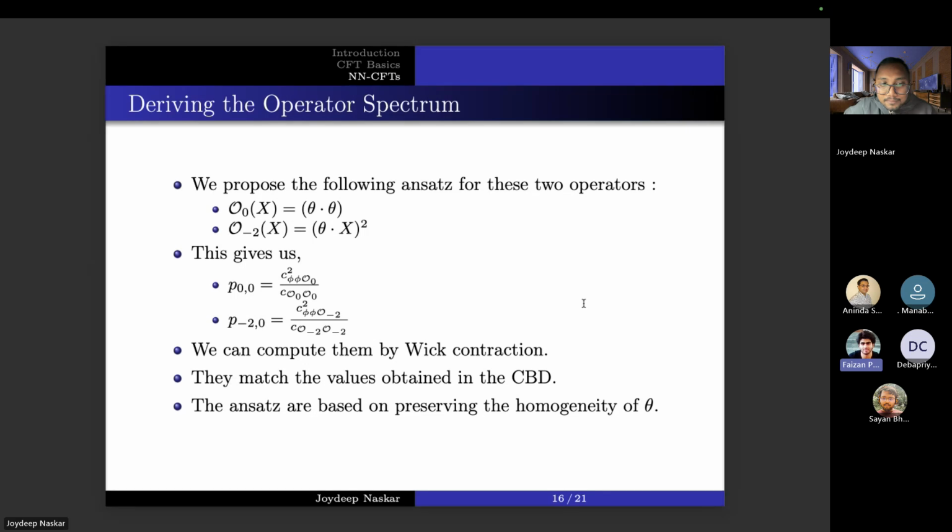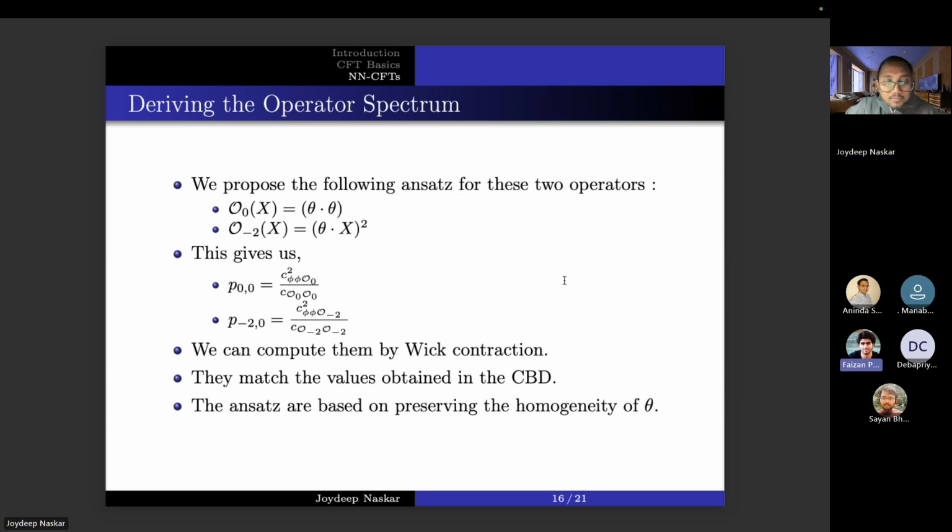If you had just taken theta dot x to the power -2, the scaling dimension would be +2. That's right. So I'm just asking, why did you opt to do a non-unitary thing instead of a unitary thing? Is it harder to implement that kind of architecture? In our paper we have done that. We have taken positive powers as well, like positive scaling dimensions as well. But the technicalities of doing these computations are more involved, and I thought that I would just go with the easiest example. And the principle is the same.